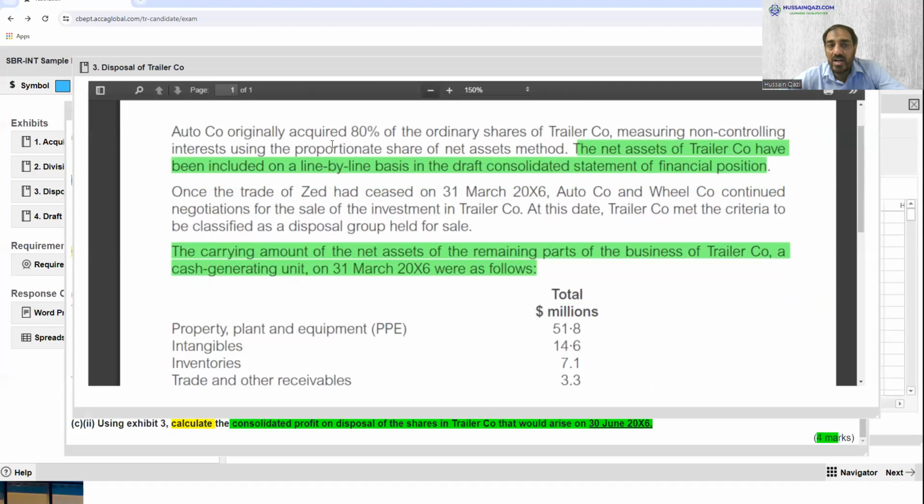Auto company originally acquired 80% ordinary shares of trailer. That's very clear. Measuring NCI using proportionate, very simple. Net asset of trailer have been included on a line by line basis in the consolidated balance sheet.